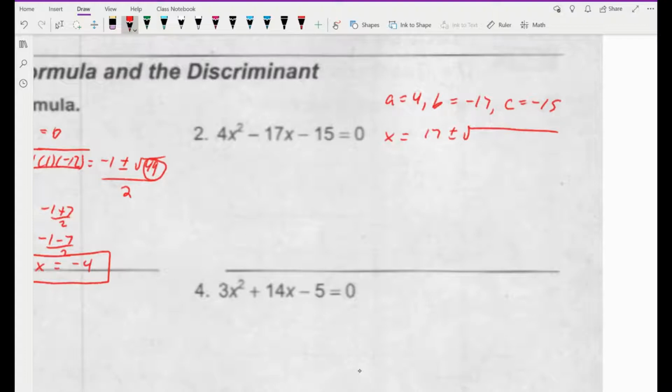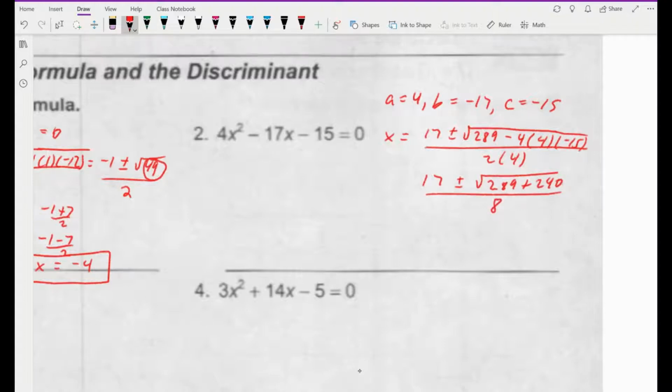Negative 17 squared is a positive 289, minus 4 times ac, all over 2a. So we get 17 plus or minus the square root of 289 plus 60 times 4, which is 240, all over 8.